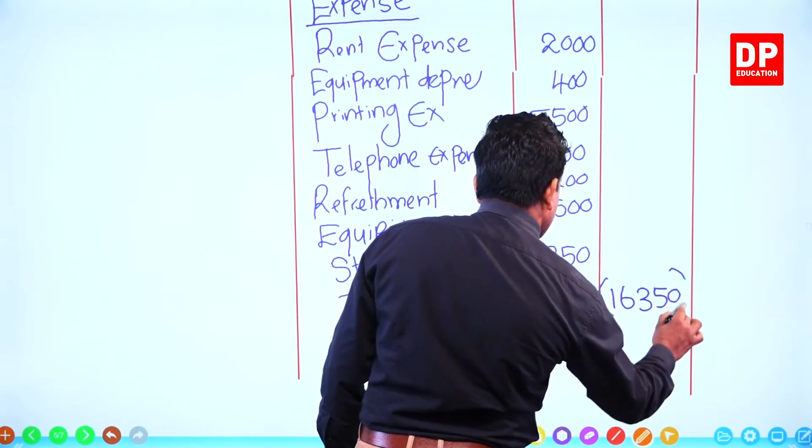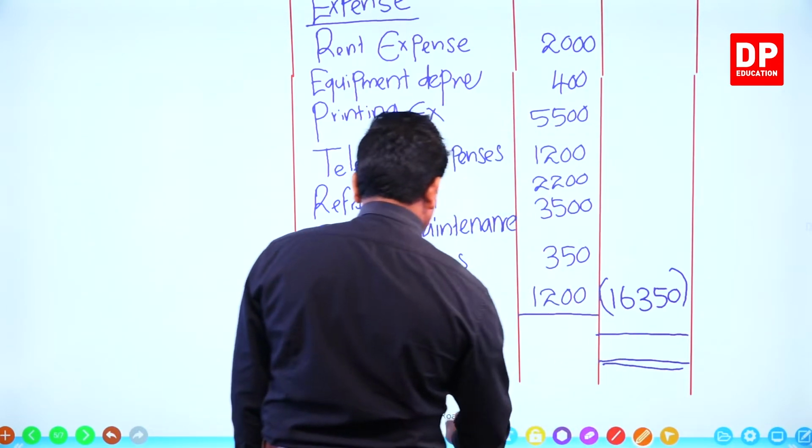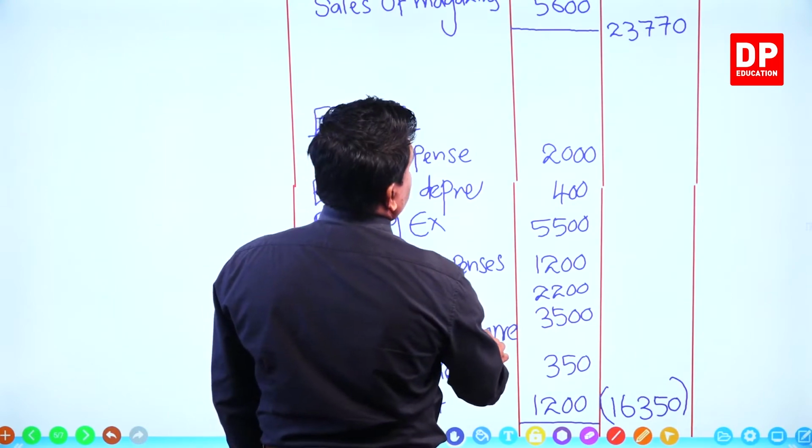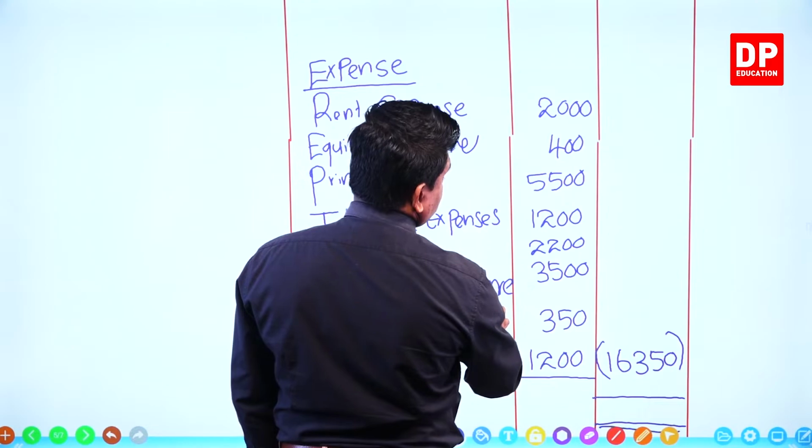Then you see the value, how much the surplus or deficit is. Above you can see 23,770. Down you can see 16,350.